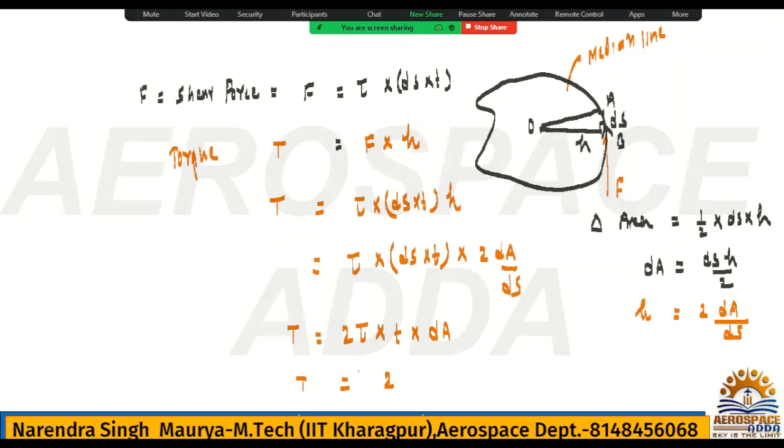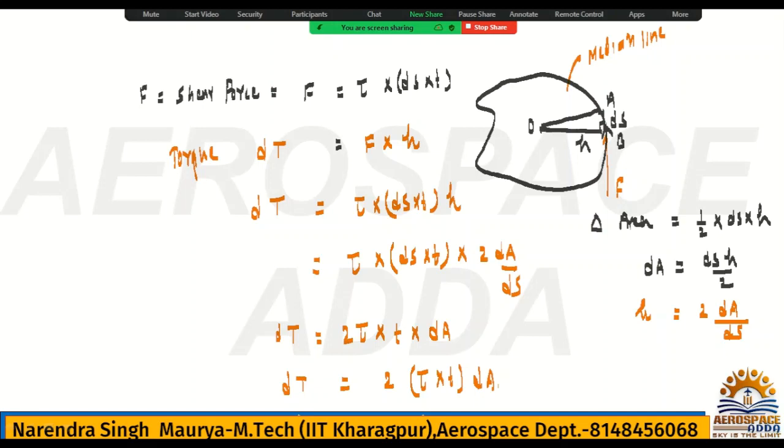Obviously this is the elemental value, so this torque will be dT, so there should not be any confusion about how the elemental area gives the full torque. This is the elemental torque, basically dT, so 2 times tau into T into this area dA.